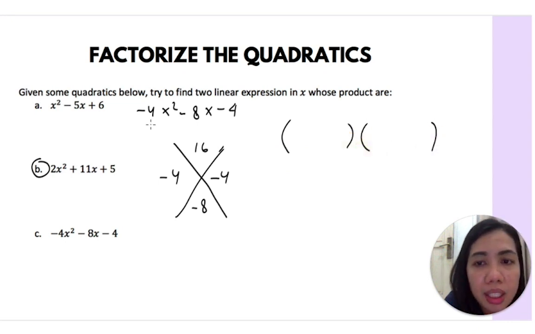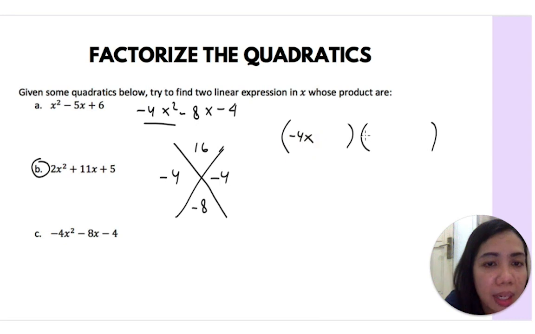Because in here we have minus 4x squared, in here I'll put minus 4x and minus 4x. Whenever we multiply those, we're going to get 16x squared.